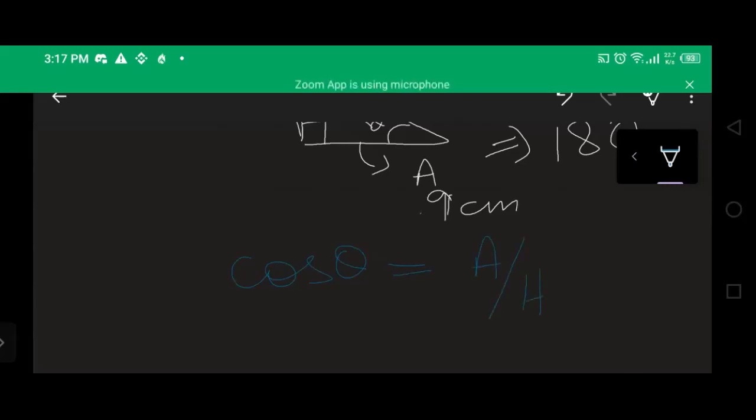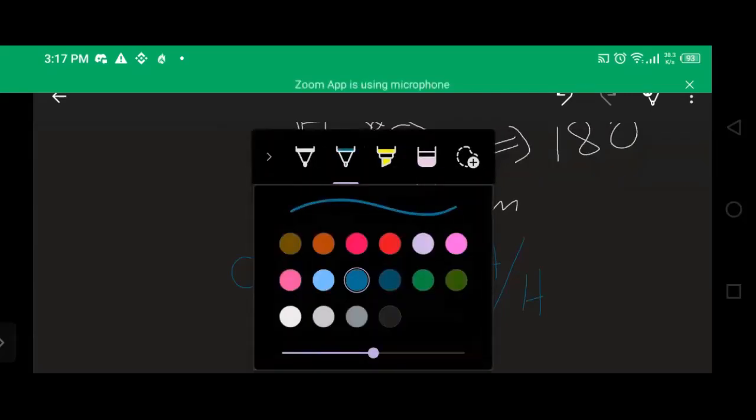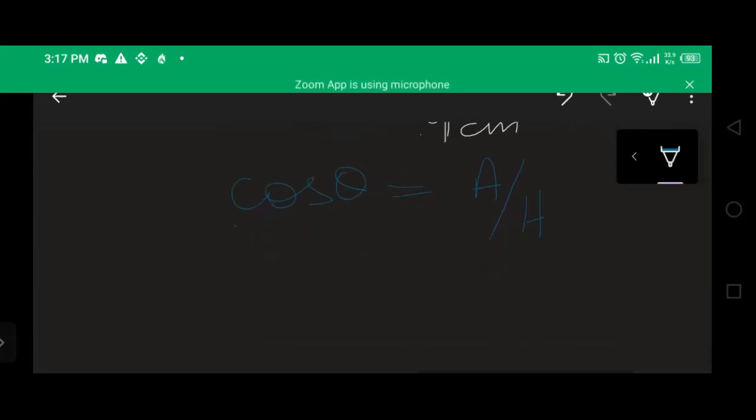Is it now visible? Yes. So in this equation, I have to find this theta, no? Yeah. So I have to shift this cos to the other side of the equation. So can you complete this?